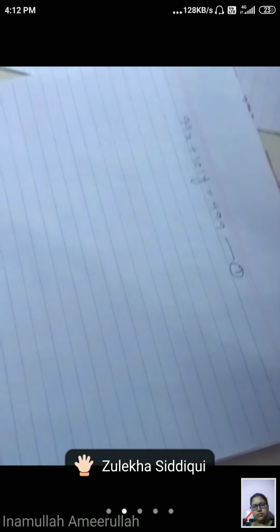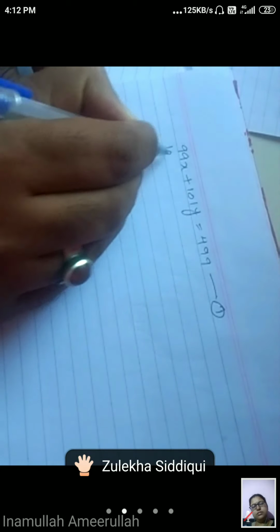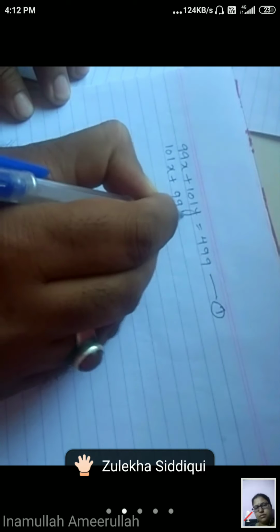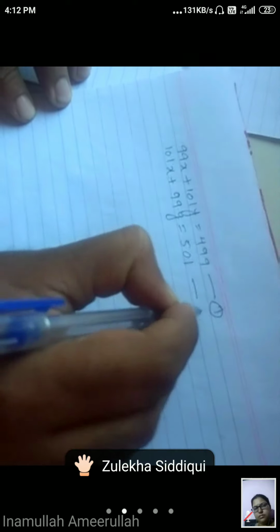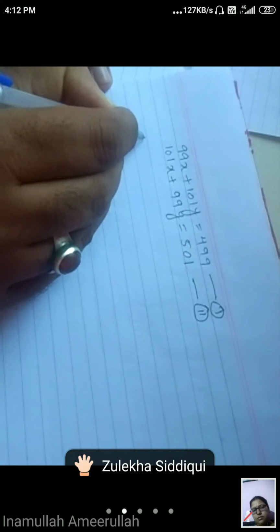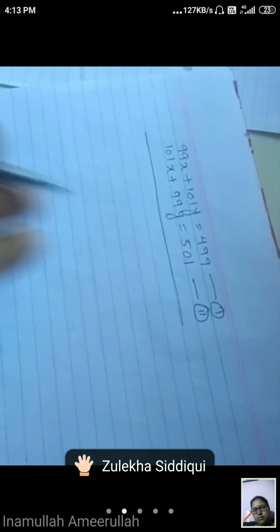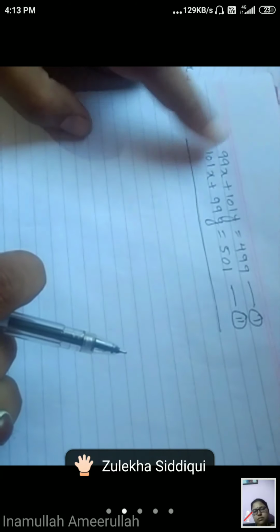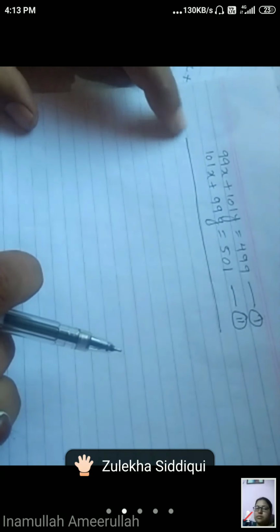And the second equation, 101x plus 99y equals 501. This is our second equation. In this method, we will not equate any variable. If you remember, in order to use the elimination method, we used to equate either the x coefficient or the y coefficient. But in such questions, we will not equate any of them.